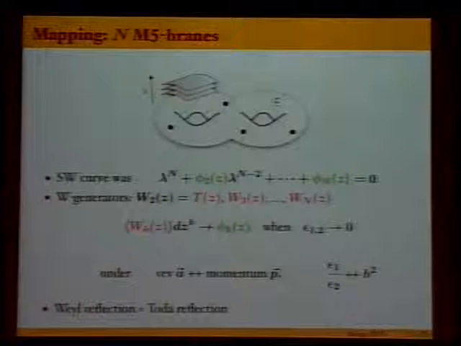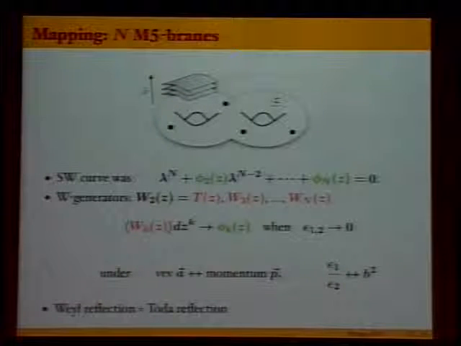So the idea is simple. The Seiberg-Witten curve, as I told you in the first slide, is given by this nth order polynomial. And there are worldvolume fields phi 2 to phi n, which determine the Seiberg-Witten curve given the Coulomb branch curve. Each phi k behaves like a dimension k, spin k object.